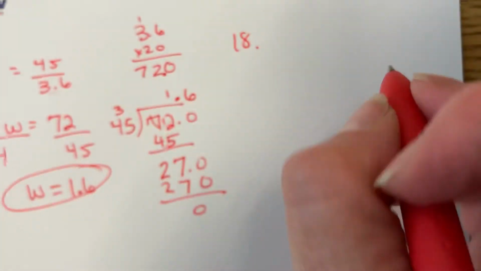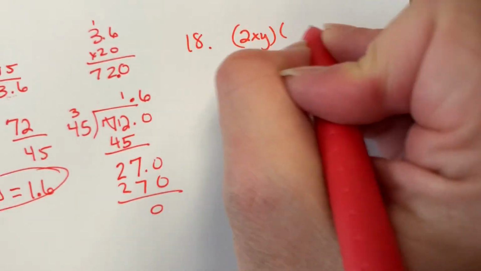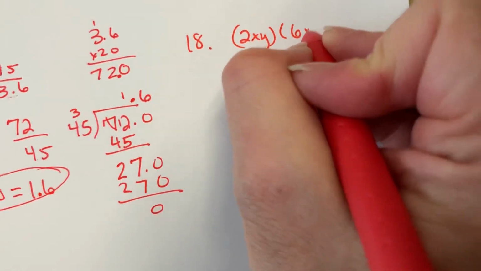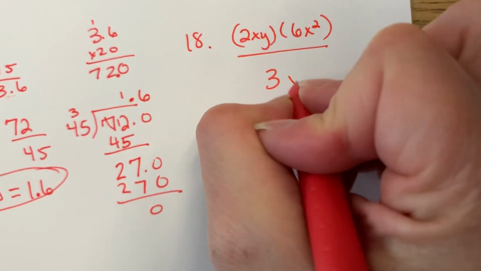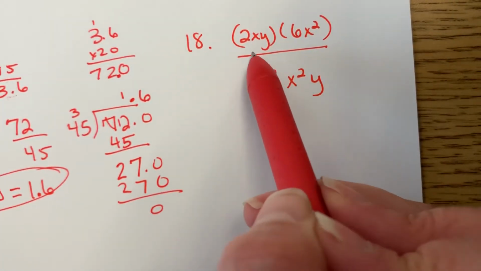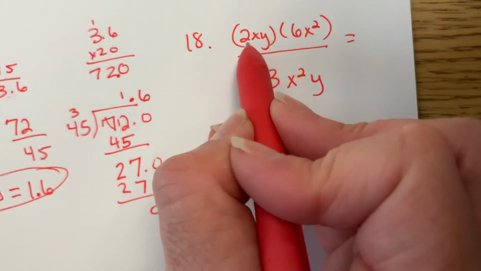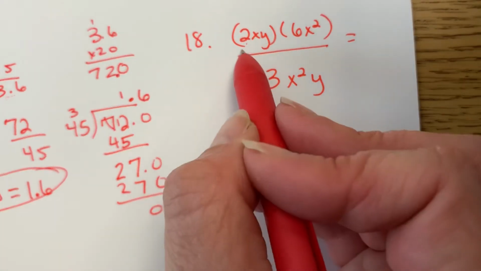All right, let's do number 18. Number 18 says 2xy times 6x squared over 3x squared y. All right, for this one, let's do numerator first. We can do it a couple of ways.